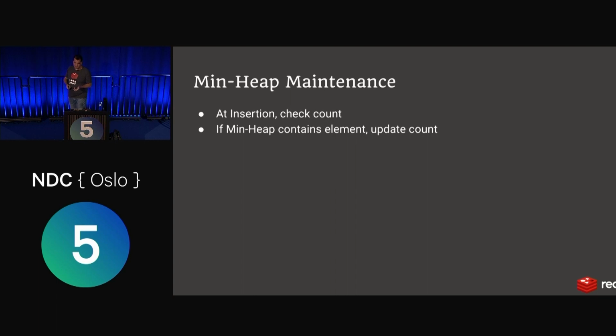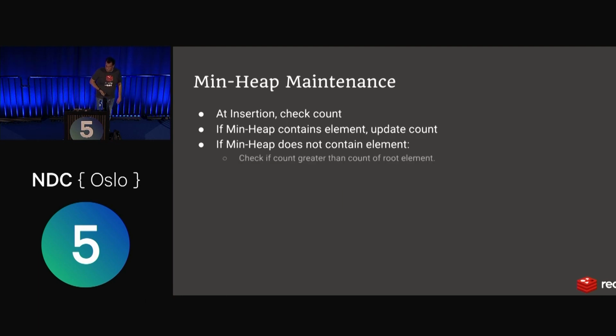If the min heap contains that element, you just update the count to the new count. If that has been decremented several times, that might actually move the item up in the min heap and get it closer to the top. If the min heap does not contain the element you just added, you check whether the count of the item you just added is greater than the count of the min root. If it's greater, you just replace it. Otherwise, you just ignore it.